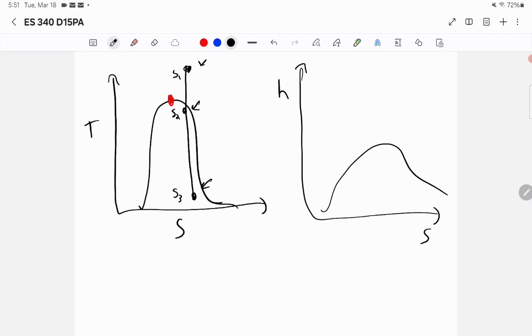You have this curve that looks something like this, similar idea. So if entropy is constant, again, I'm going to go straight up through here, similar kind of idea on the diagram. Okay, so we're interested in processes that are isentropic.